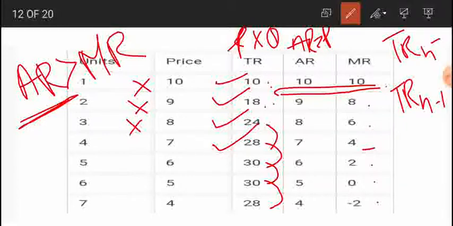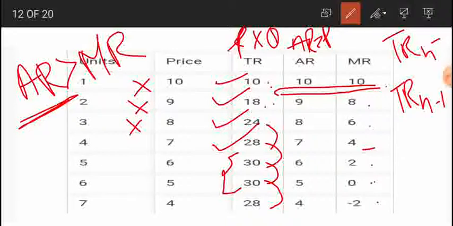Number 2, when MR is 0, total revenue is maximum. Keep in your mind, when MR is 0, total revenue is maximum. Number 3, when marginal revenue is negative, instead of increasing, total revenue starts decreasing. So the relationship between MR and TR can be explained in 3 points.